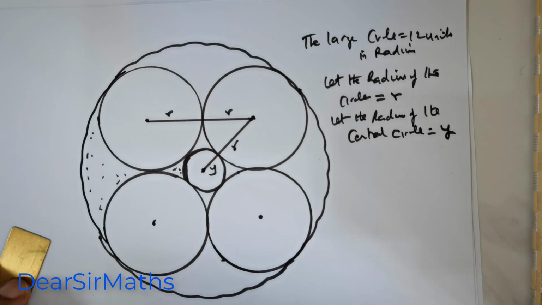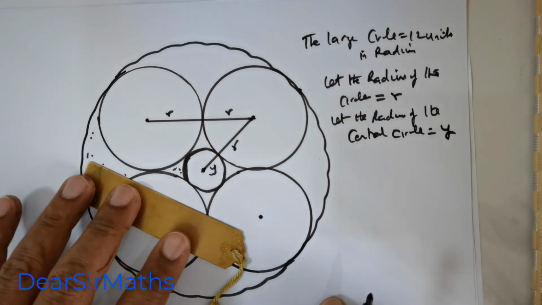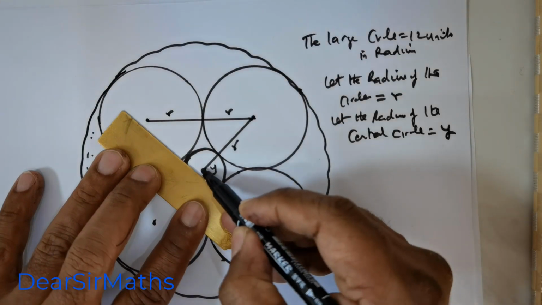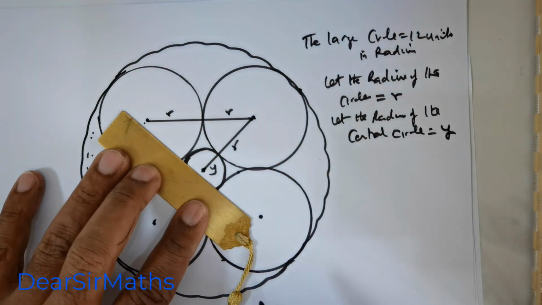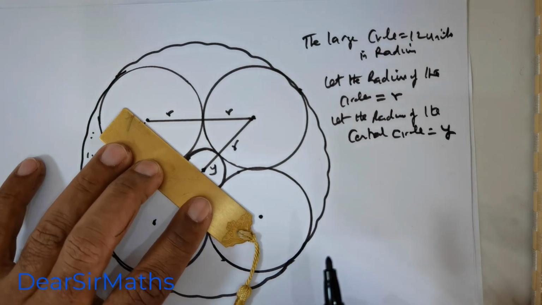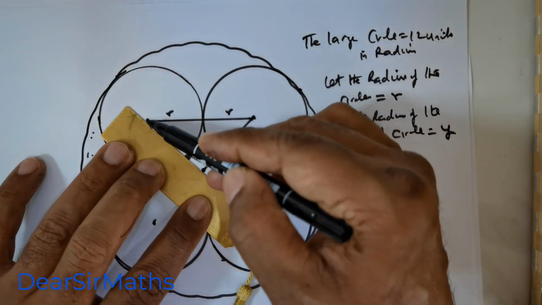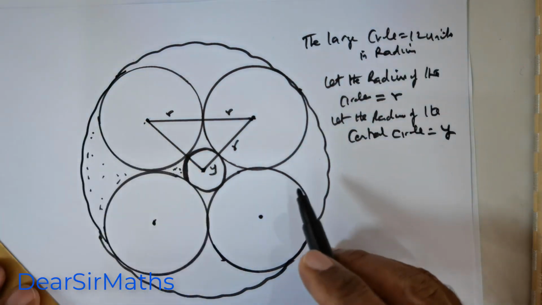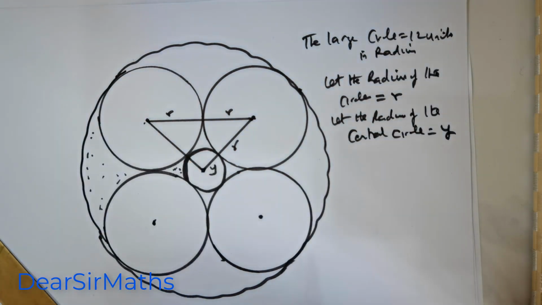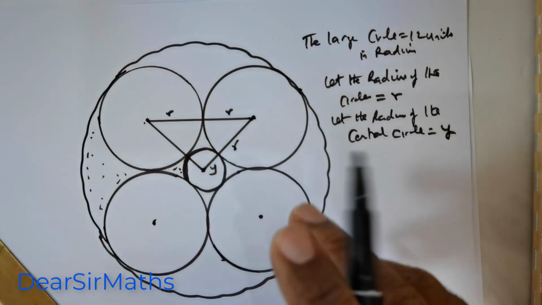Now I would like to connect this center with this center. Alright, just visualize this, let me connect this and then I will explain to you. Now I am just saying this is going to be 90 degrees. Why is that going to be 90 degrees?